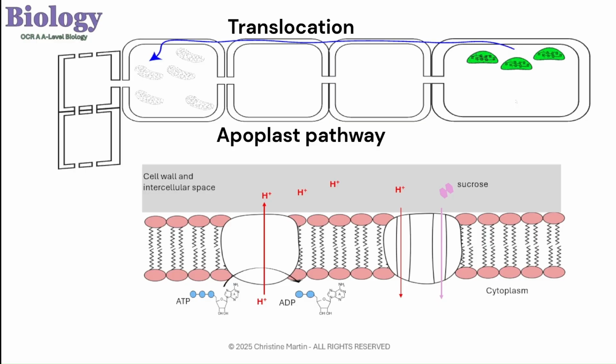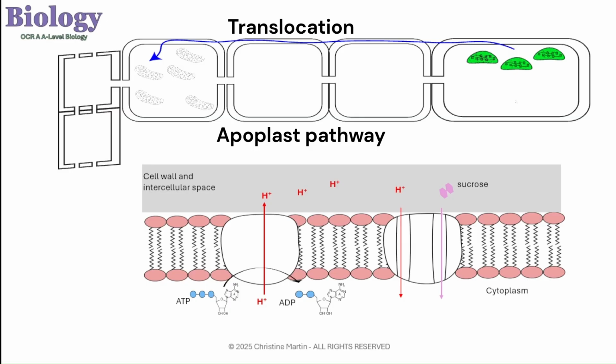Now, the sucrose will then move towards the companion cell where it will be transported back into the cytoplasm. To understand how that is transported back into the companion cell, we need to understand the active transport of hydrogen ions. So at the companion cell, hydrogen ions are actively pumped out of the companion cell into the cell wall using ATP.